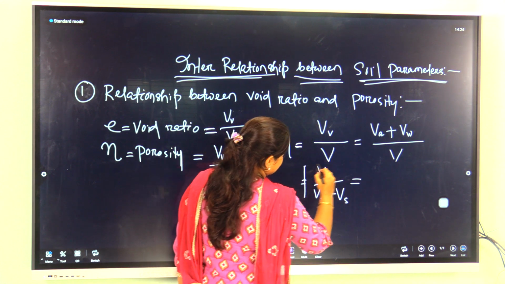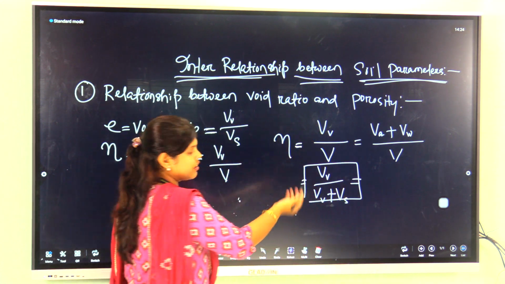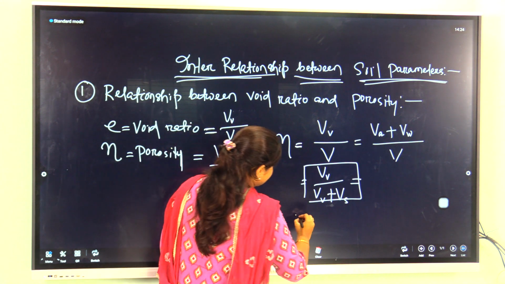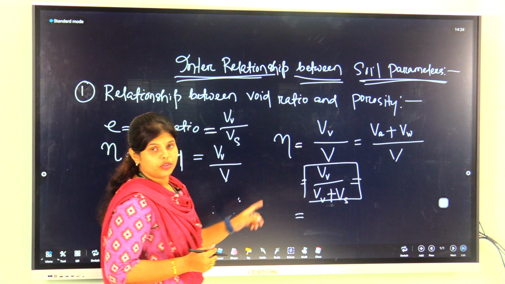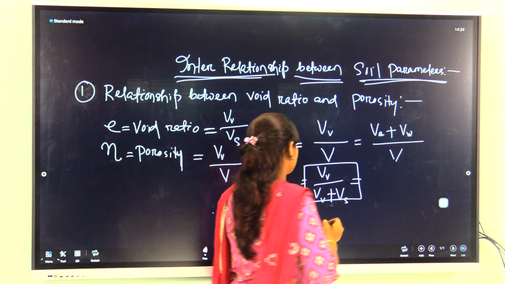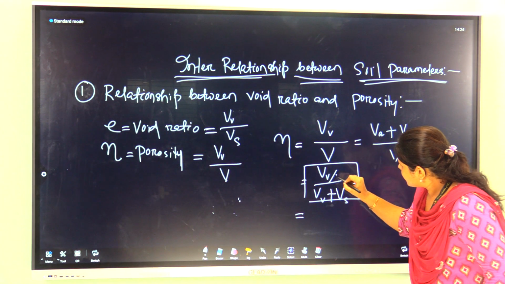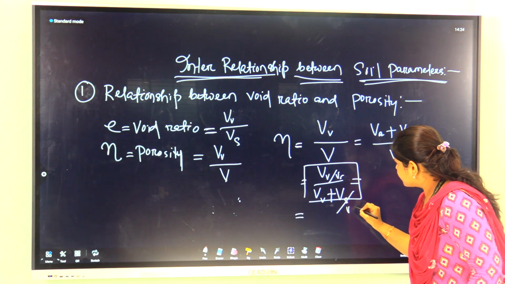From this, we will calculate the value of e. So, now we will divide by Vs here and here.